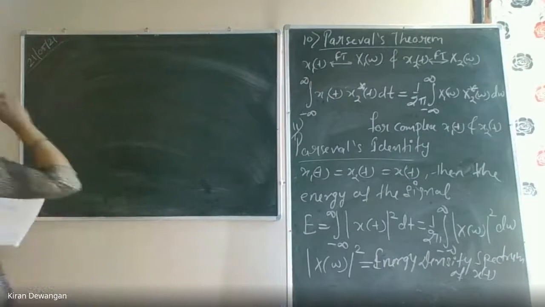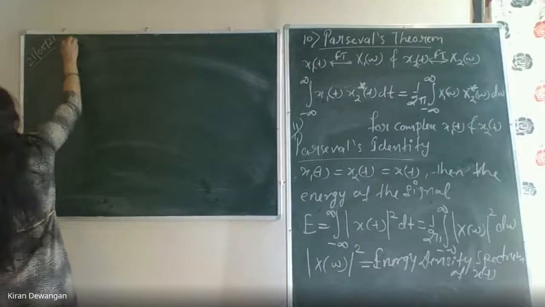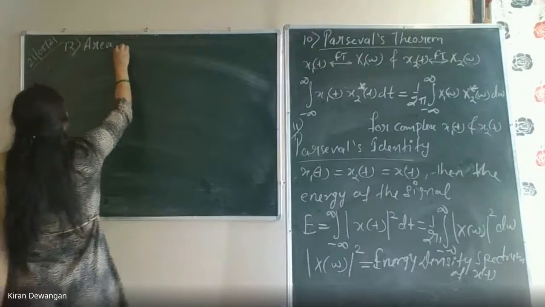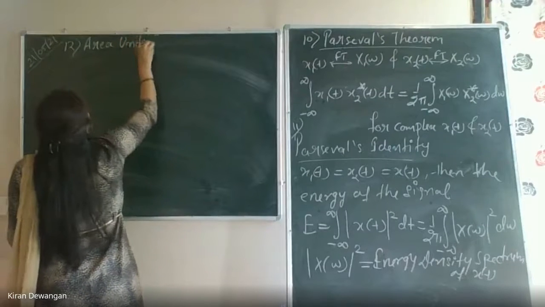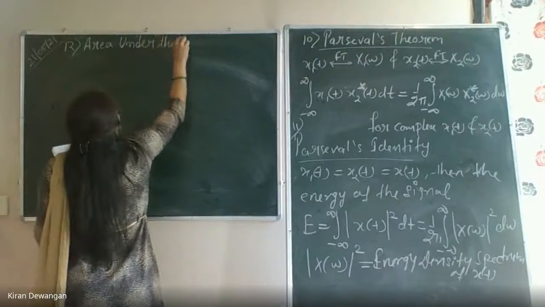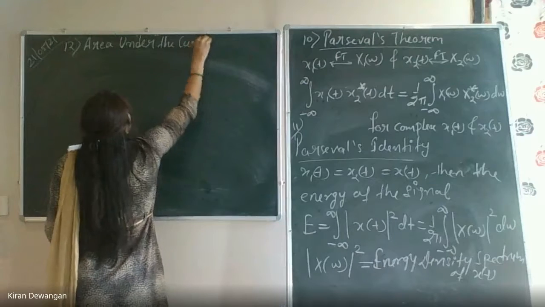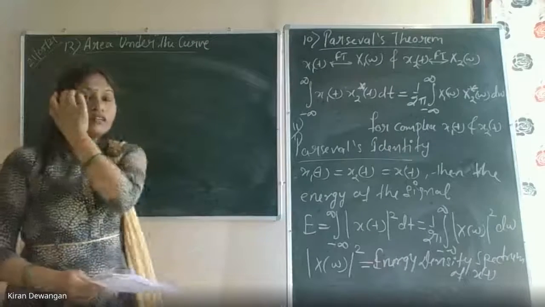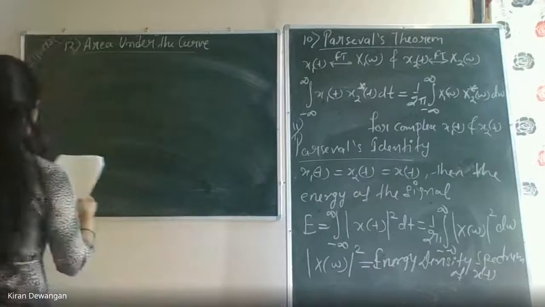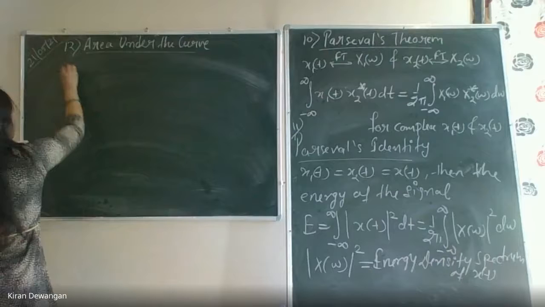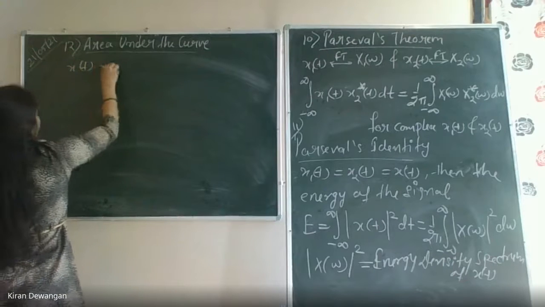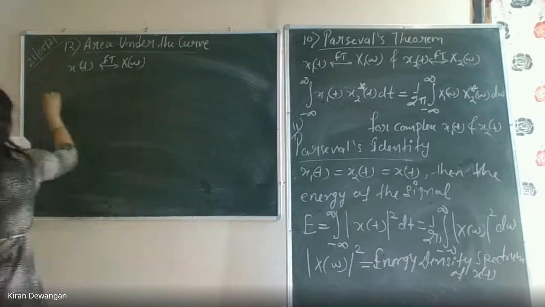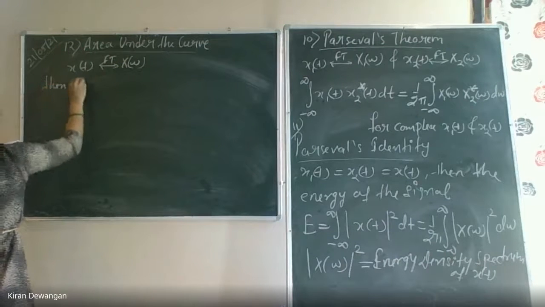Now another one, this one was 11, 12: area under the curve. Now consider any function x(t), and we have to take the area under the curve of that function, where x(t) has Fourier transform X(omega).